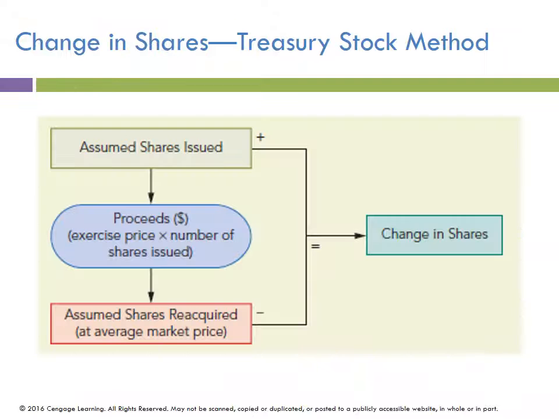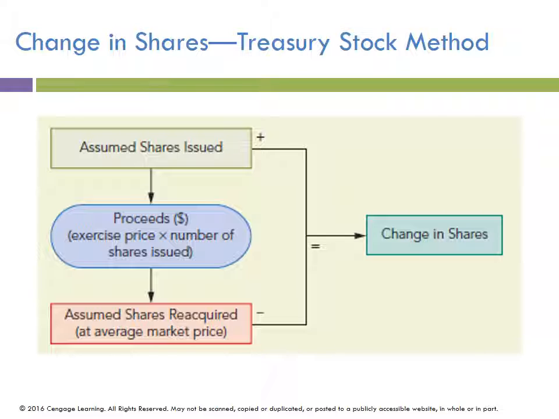So let's see how that looks. One more time. When we pretend that any stock warrants or stock options are exercised, the company will get money, we issue new shares. We immediately assume we take that money and reacquire our own common stock out of the market at its average market price, essentially decreasing the number of shares outstanding.